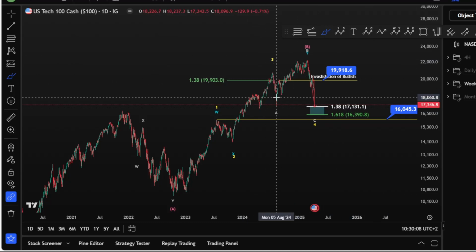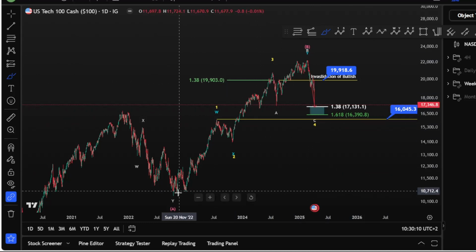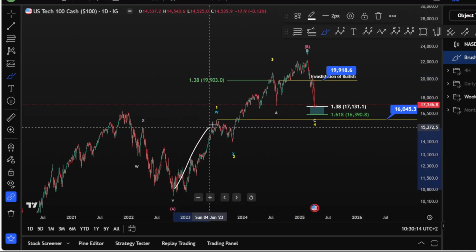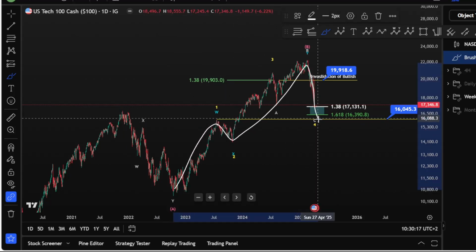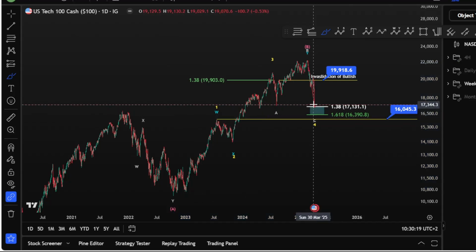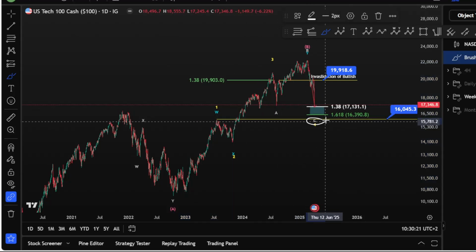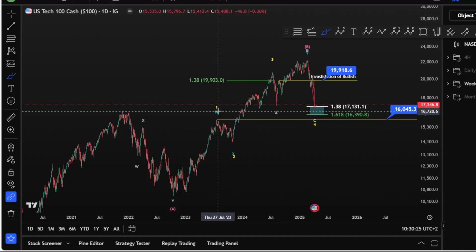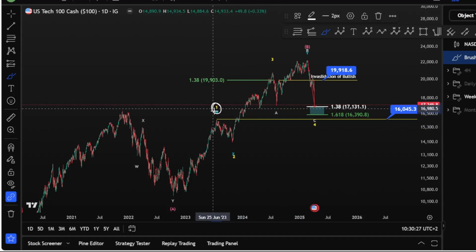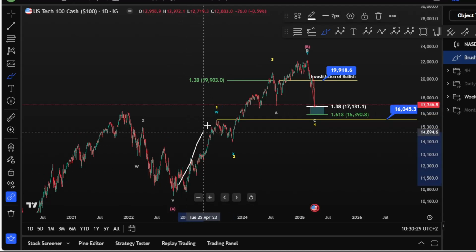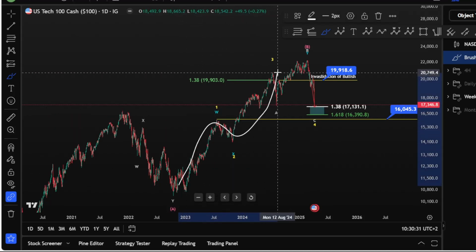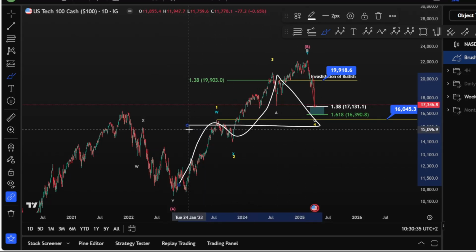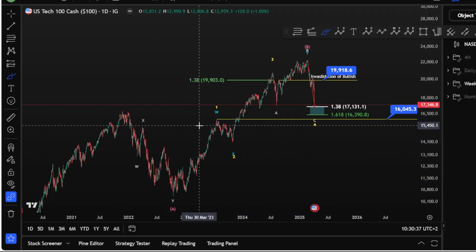But the thing is that whatever it is, a 1 2 1 2 here, or a big 1 2 and then 3 4 and a 5, the price action taking this line at 16K means invalidation for any kind of impulsive waves from here. That is because if you are in a 1 2 and you're looking at 3, wave 4 is not allowed to hit the wave 1 zone, which is an invalidation.